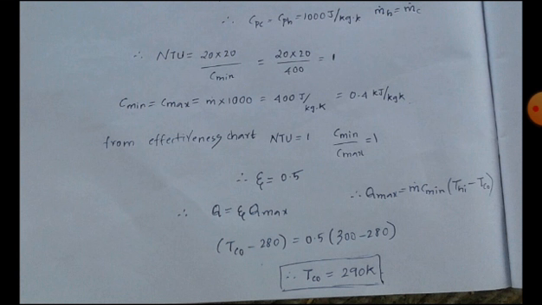Now we substitute in the formula Q equals effectiveness into Q max. Now we can easily get the outlet temperature of the cold fluid. That's it. Hence the main thing is to read the question carefully.